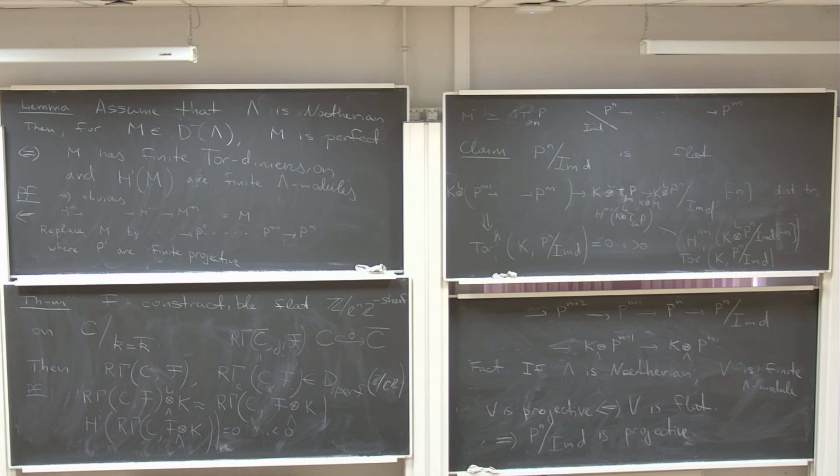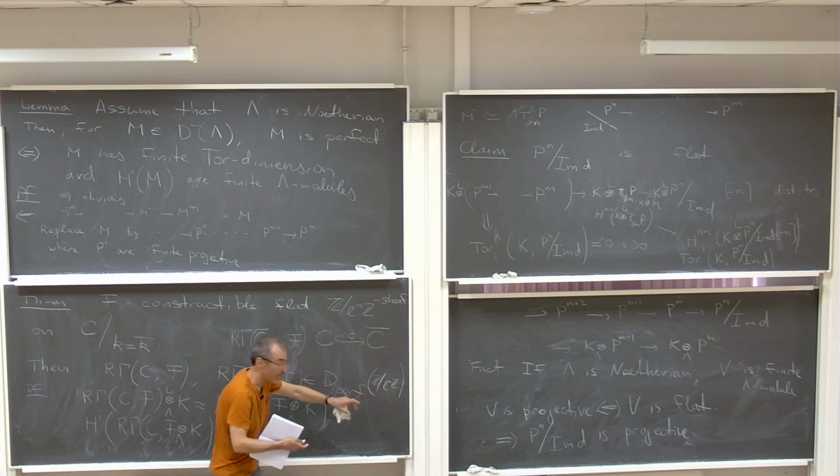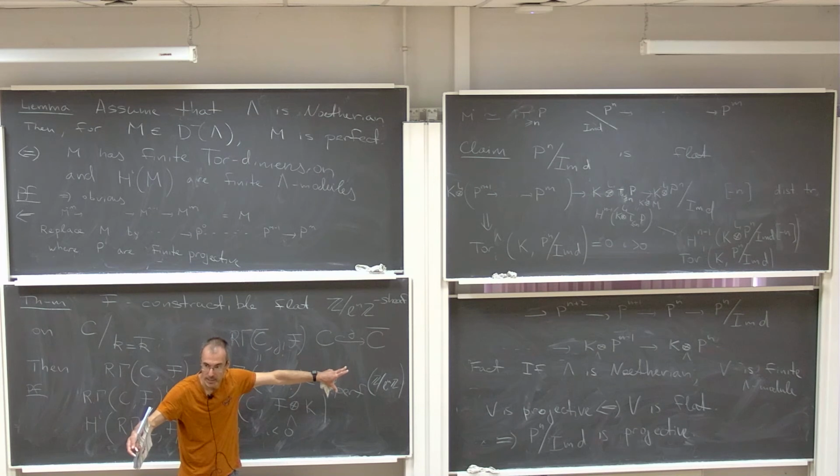Pretty simple. So very good. So what we get from this is that though the homology groups of F need not be perfect modules over Z mod L to the n Z, the entire complex is perfect.